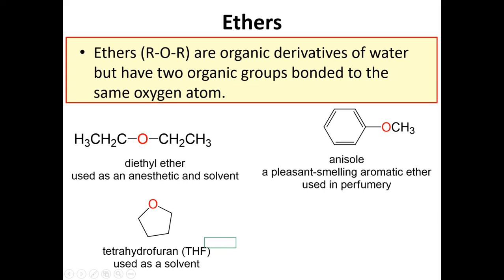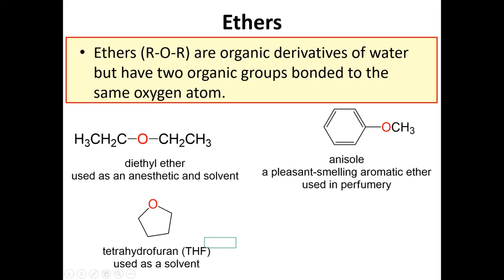And anisole. Anisole is a pleasant smelling aromatic ether used in perfumery. Okay, when the benzene ring is combined with OCH3, we do not name it benzene. So when benzene is combined with OCH3, it has another name, we call it anisole.